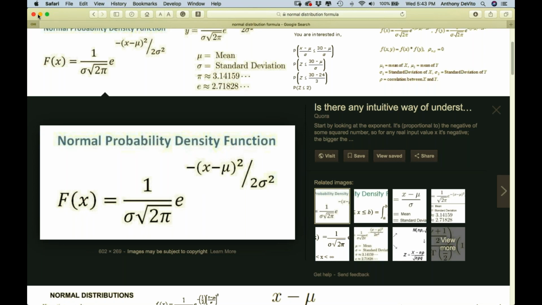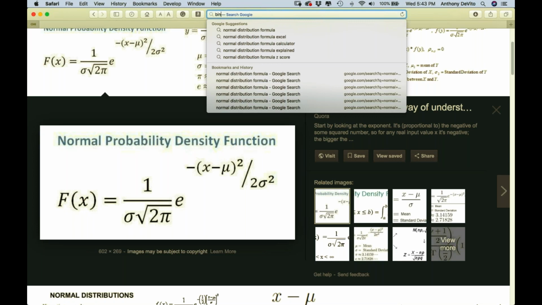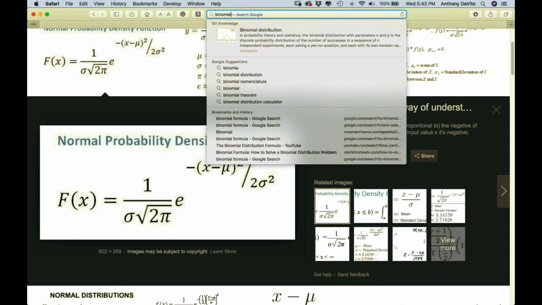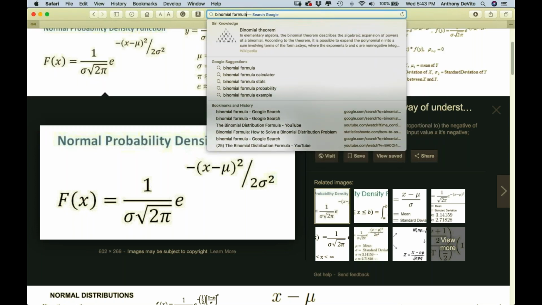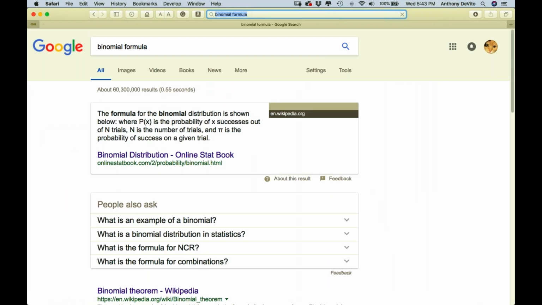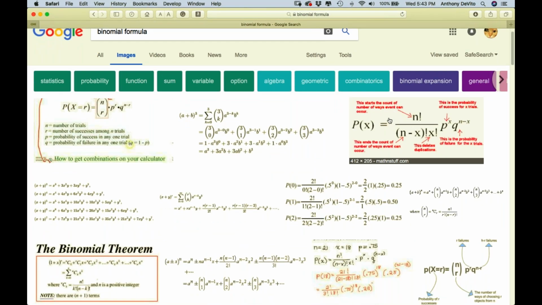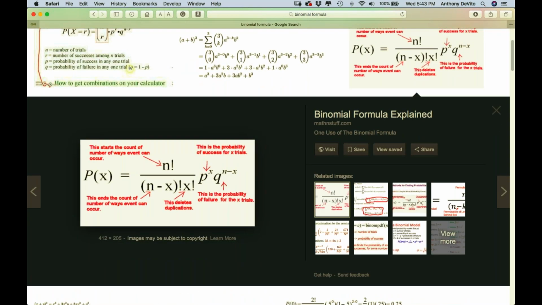So if I go back, and let me just revisit the binomial formula. That distribution is represented by this formula, which we were looking at before, right?